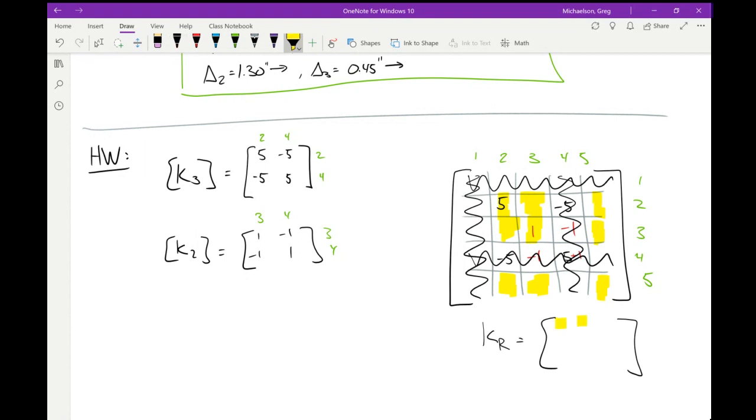So it ends up being 3 by 3. But it's the same process. It's just that the assembly is a little weird. The idea is that if you understand how to do this, you certainly understand how to assemble really anything. It's just pattern matching at that point.